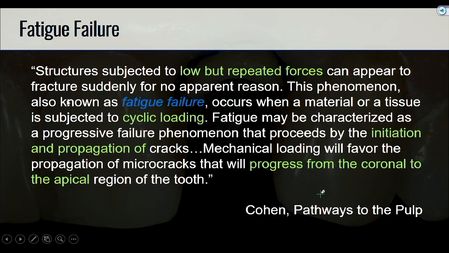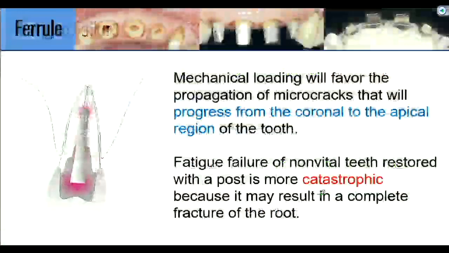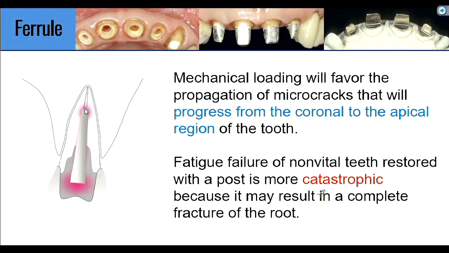This phenomenon is also known as fatigue failure. This occurs when a material or tissue is subjected to cyclic loading, and the idea is that you're hitting this over and over, and at some point this may result in a fracture of the root, or sometimes it just breaks the cement seal, and then the whole thing becomes dislodged, okay?